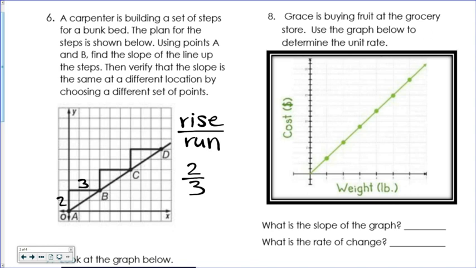So if I go from A to C, right here, I would be rising 4 and running 6. So if the rise is 4, running is 6, I can simplify that and I still end up with 2/3.